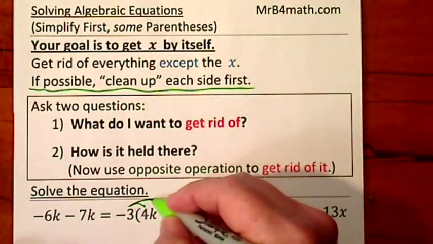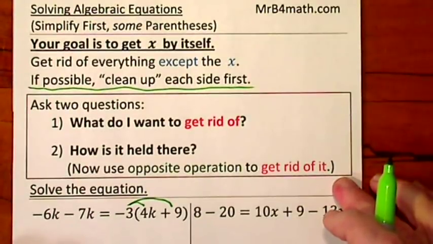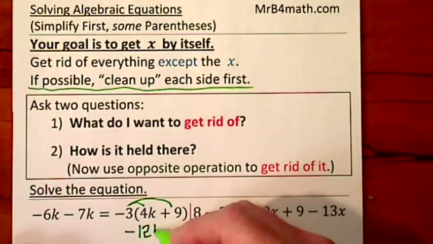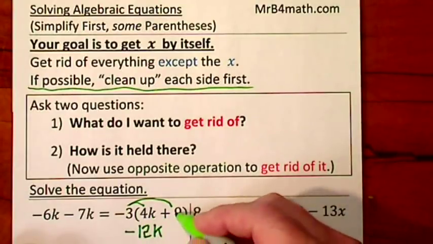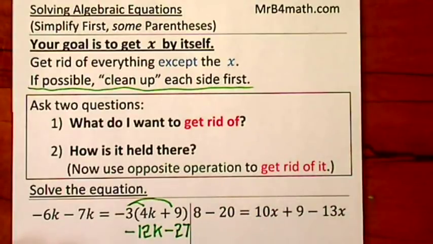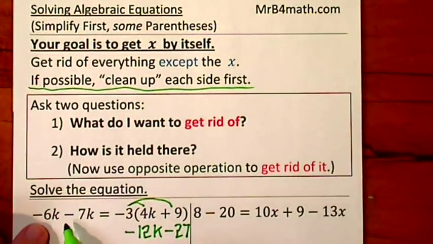Distribute in that negative 3 to each term. This gives us a negative 12k. Negative 3 times 9 is negative 27. And on the other side, these are like terms, so we can combine them.